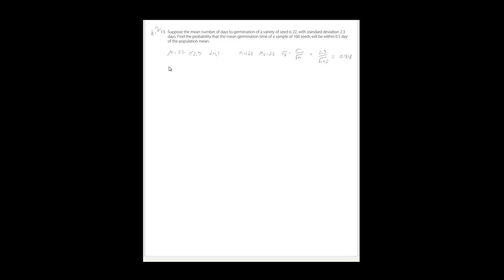Now we're going to be within 0.5 days of the mean, so that's half a day less or half a day more. We transform this to our standard normal, which is our normal practice here. We subtract off the mean and divide by our standard deviation, since we're working with our sampling distribution.